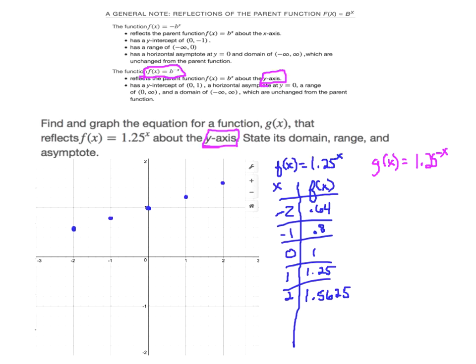So approaching, we're going up. You're only seeing a very tiny portion of this graph, so it's not going to look as close to an exponential as you're used to seeing.